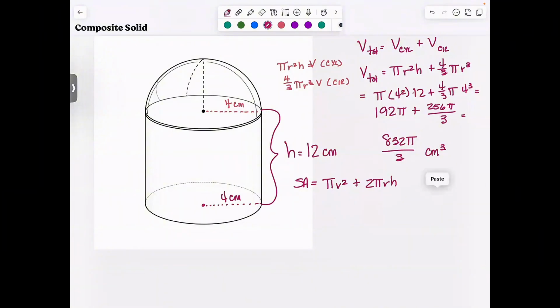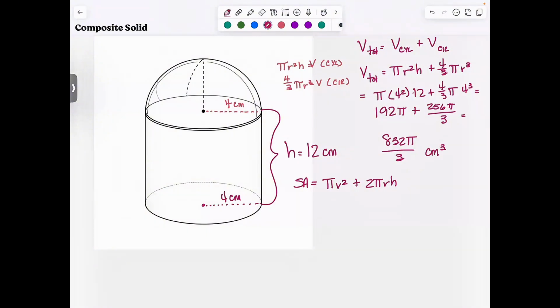That would just be times the height. But don't forget the circle, right? So surface area of a sphere is 4 pi r squared.